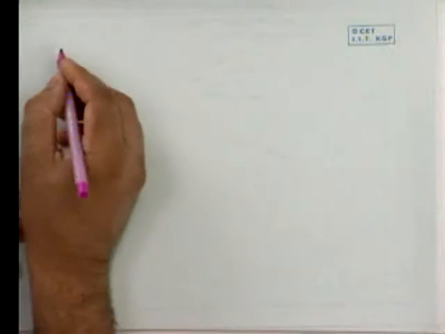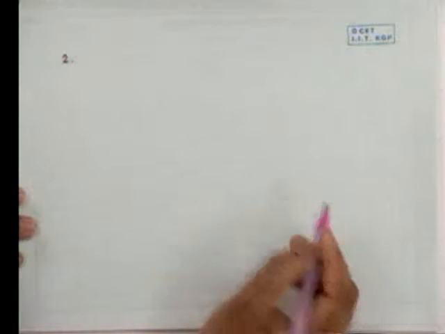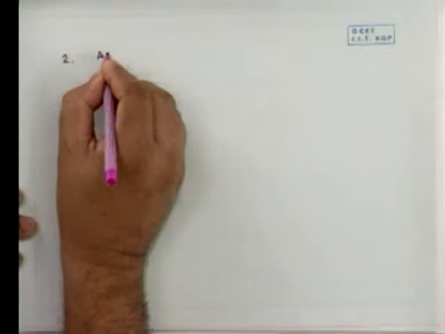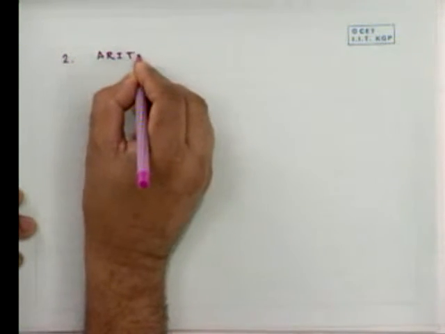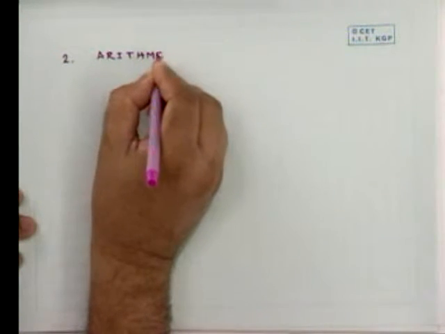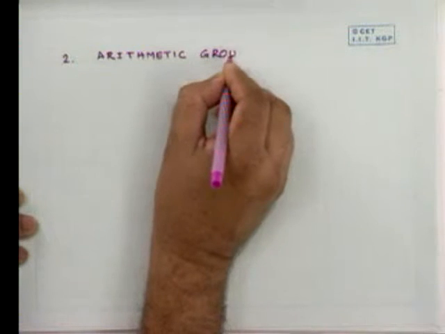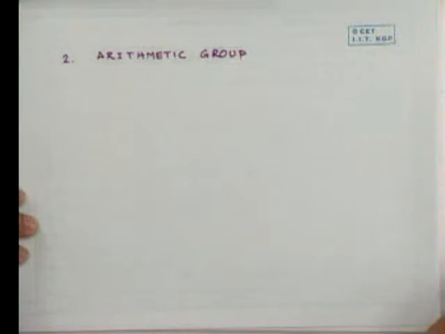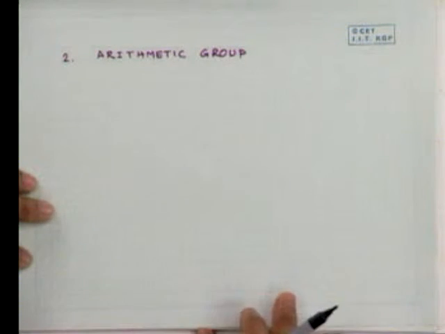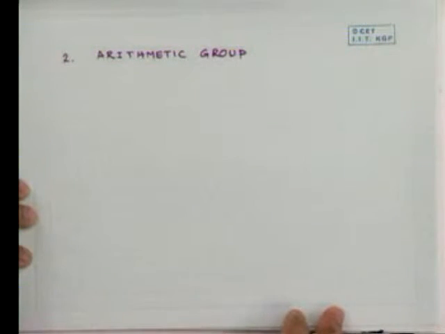Let's see what other groups we have. Group 2 is another important group of instructions, the arithmetic group. In this arithmetic group, all addition, subtraction, multiplication, division instructions should be included.